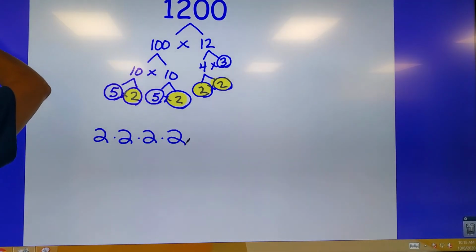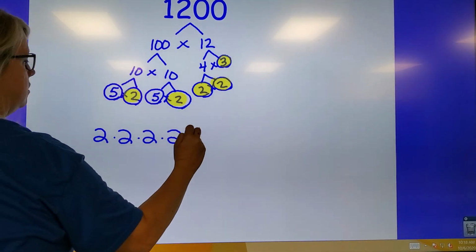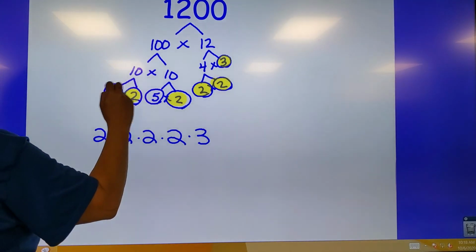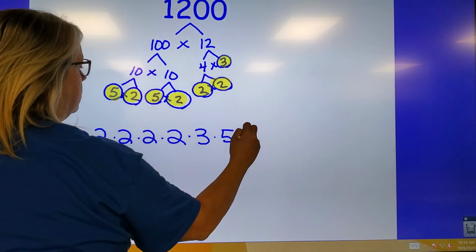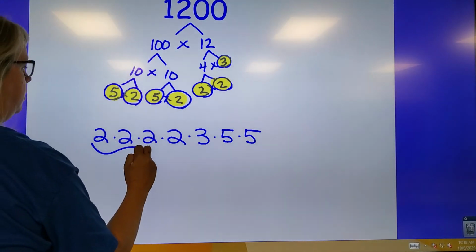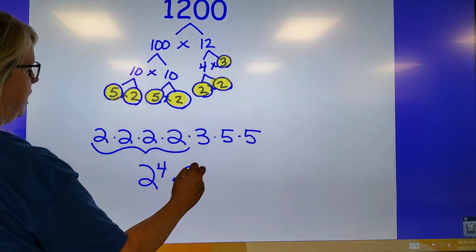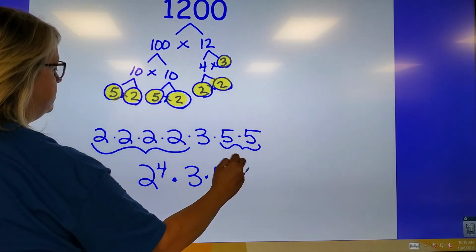Next, I see that I have a 3, just one of them. And then I notice that I have 1, 2 5's. All right, so we're going to have 2 to the 4th power times 3 times 5 to the 2nd power.